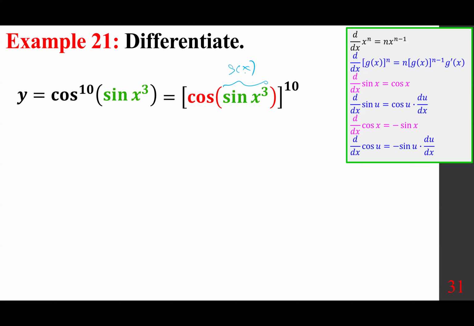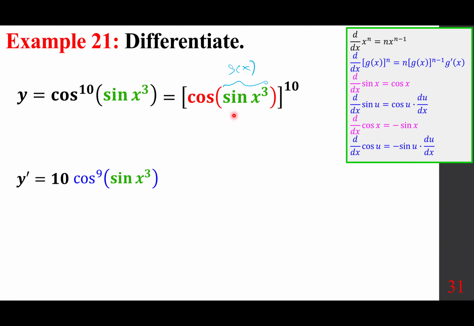So what you need is to differentiate cosine of g of x to the power of 10. So we are using the extended power. First, we need 10. Then we need cosine to the power of 9. But cosine to the power of 9 of what?